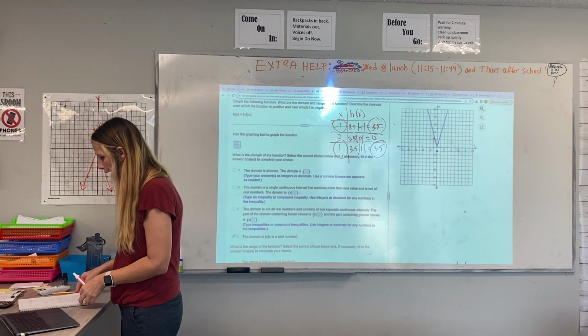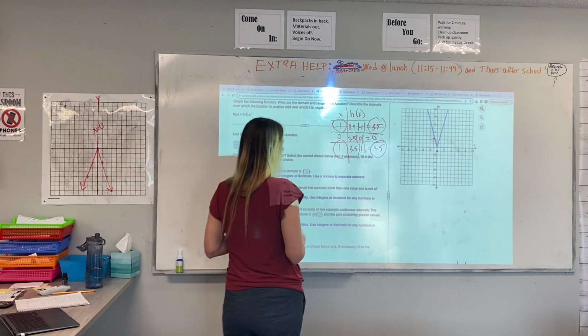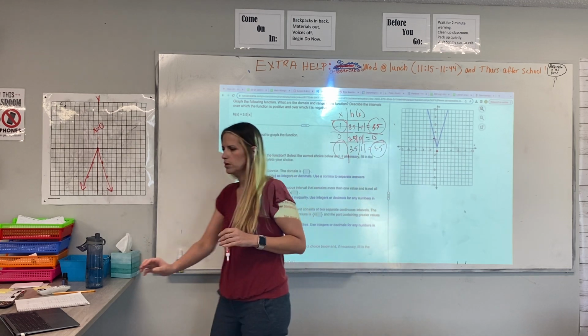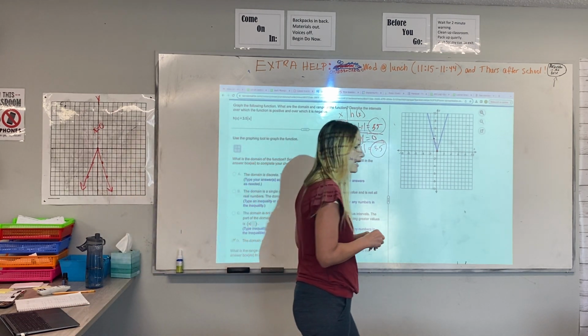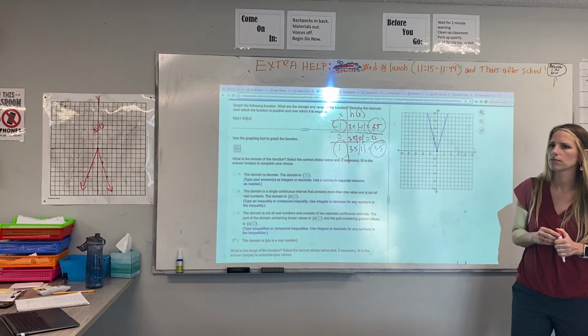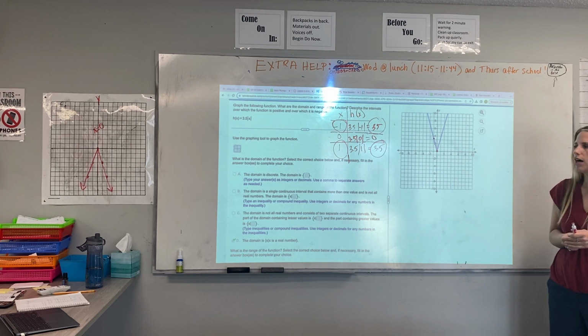What is the domain of this function? So let's go ahead and look. What is the domain of this function? Anybody? What is the domain of this function?